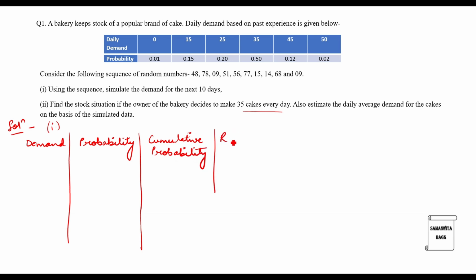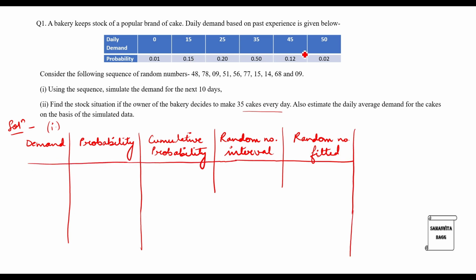Then we will talk about the random number interval. And last we will talk about the random number that is given. How do we fit it? So the random number fitted somewhere. So the demand given, I'm going to copy from here. The daily demand is 0, 15, 25, 35, 45 and 50.